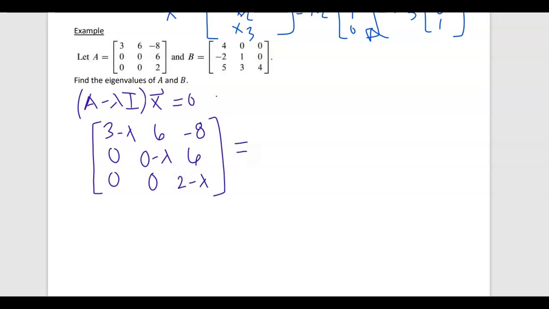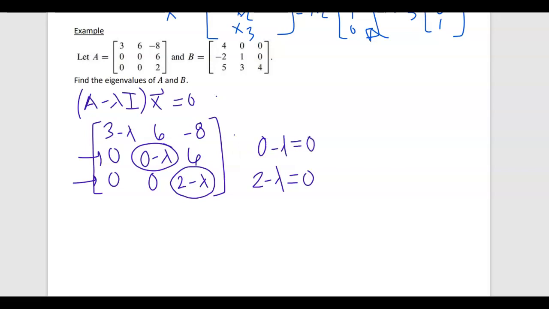Now, because I have 0 and 0 here, when I go to find the zeros of this matrix, I know that 2 minus lambda must be 0, 0 minus lambda must be 0, and 3 minus lambda must be 0.